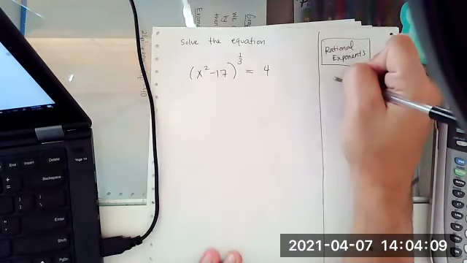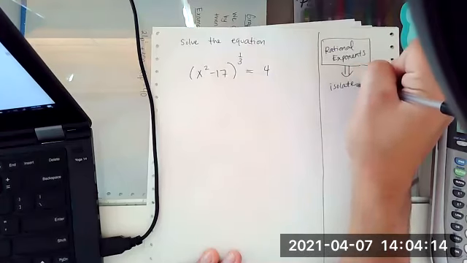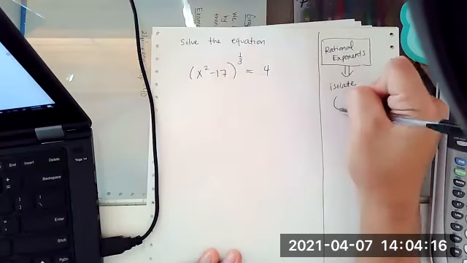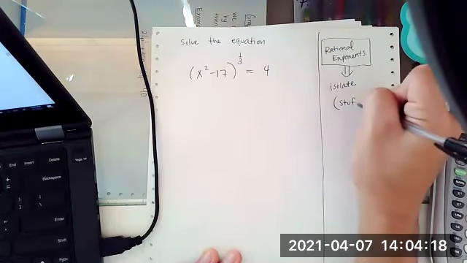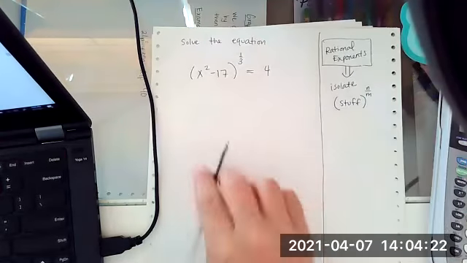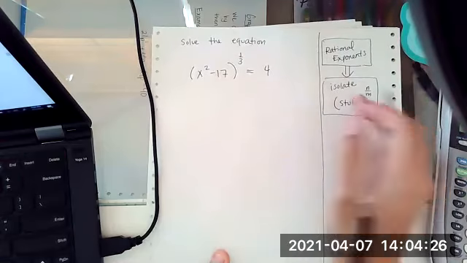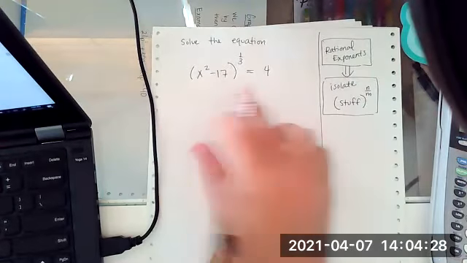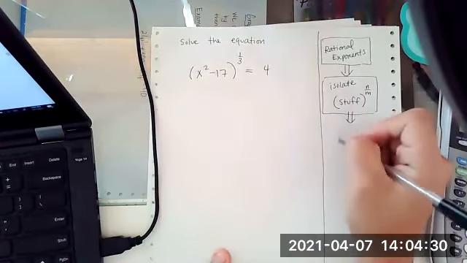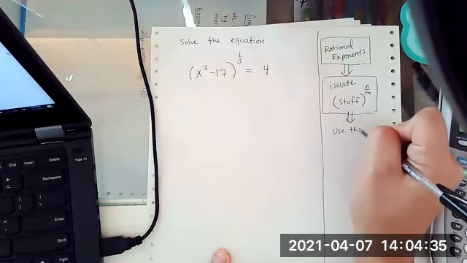Okay, so the first step is to isolate the thing that has the rational exponent, which is already isolated here. And then I would say use the reciprocal power.